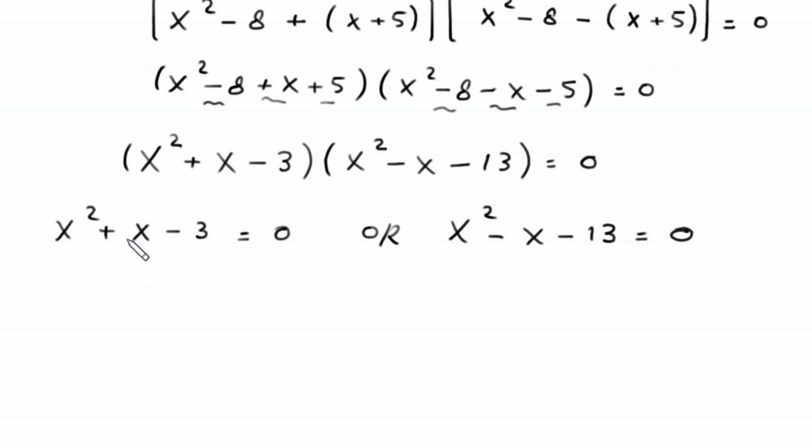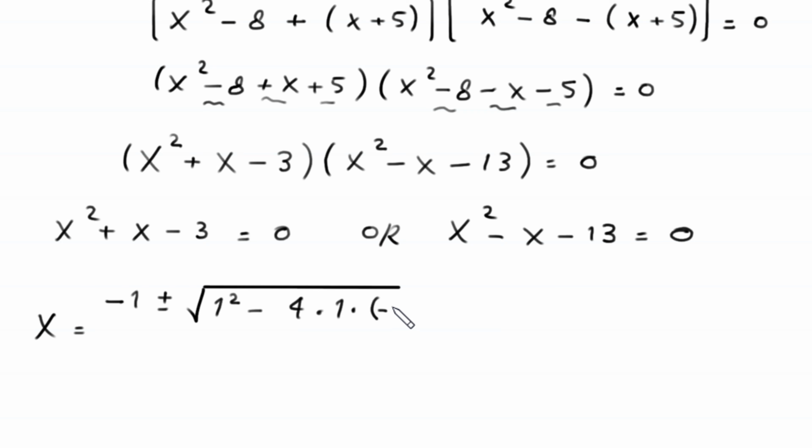First we solve this one. This is not factorable, so we solve it by quadratic formula. According to quadratic formula, x is equal to negative b, which is negative 1, plus or minus square root of, in place of b squared we write 1 squared, minus 4 times a is 1 times c is negative 3, divided by 2 times a is 1.